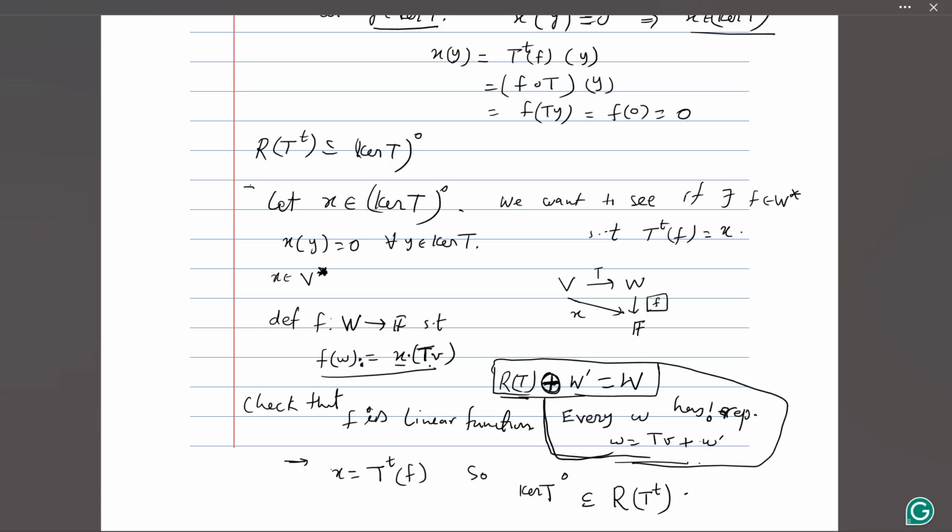Sorry. Defining F, how to define F? Just define X of v.